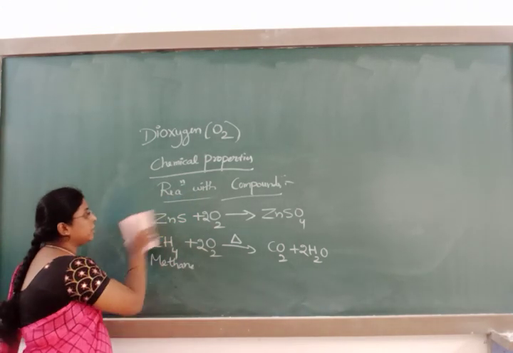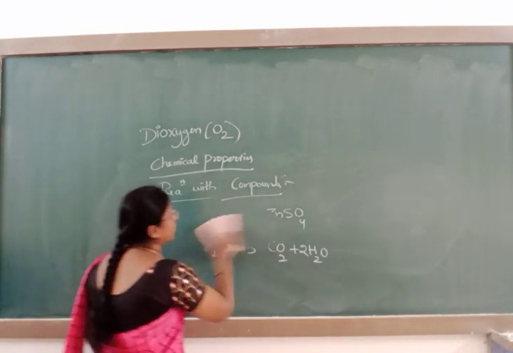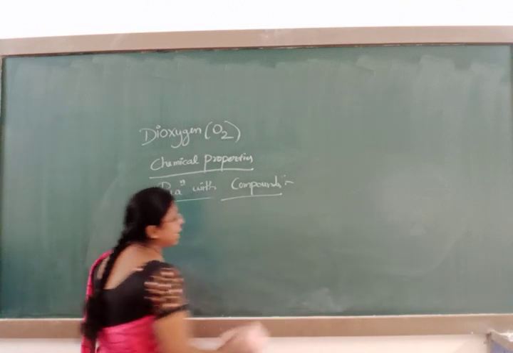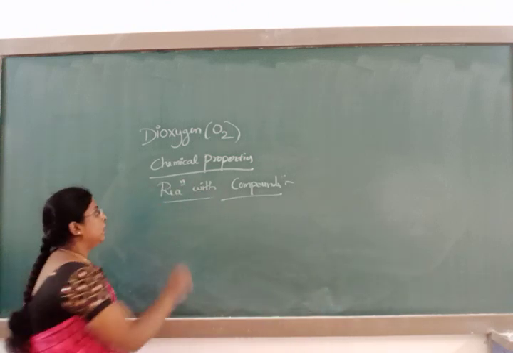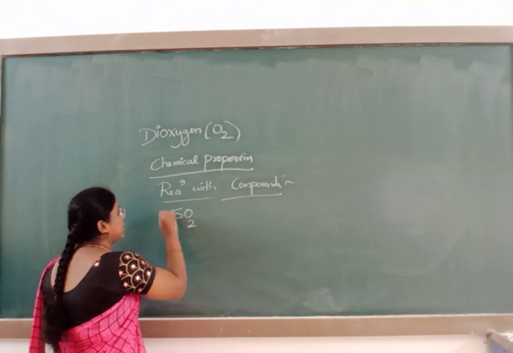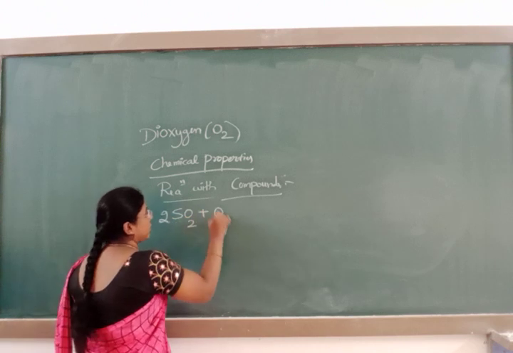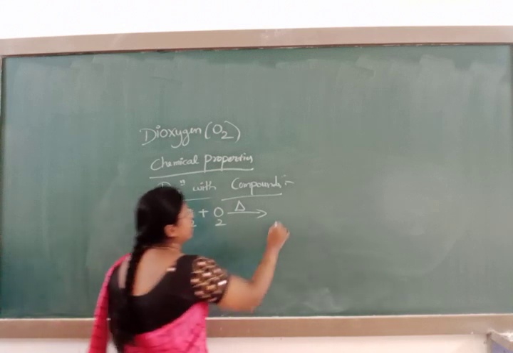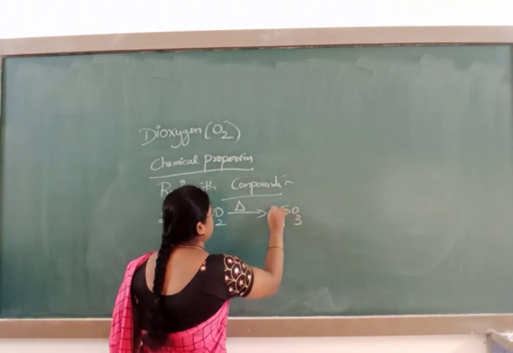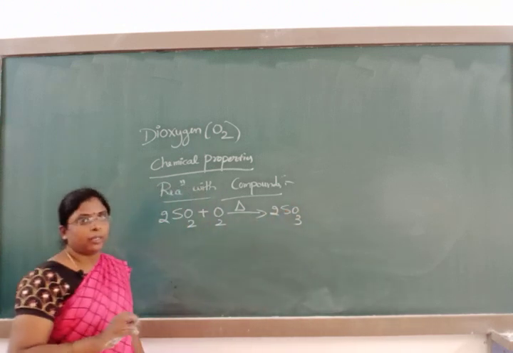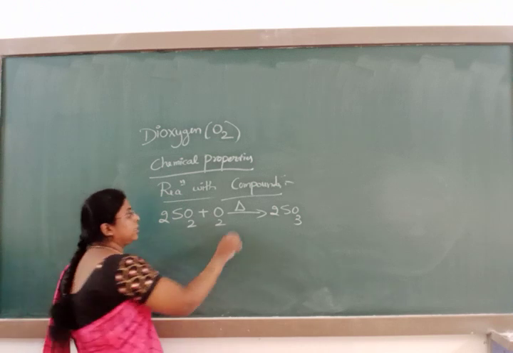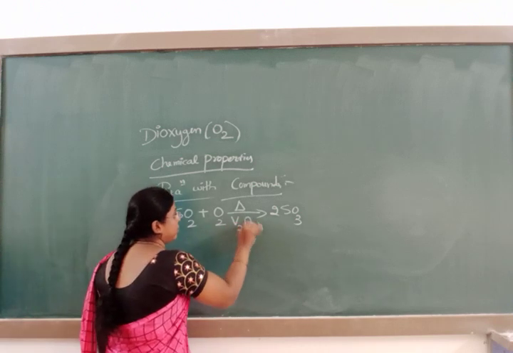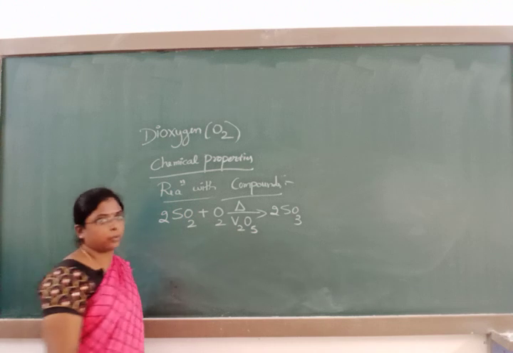After this, some reactions take place in the presence of a catalyst. Sulfur dioxide reacts with oxygen on heating to form sulfur trioxide, in the presence of a catalyst like V2O5, vanadium pentoxide.